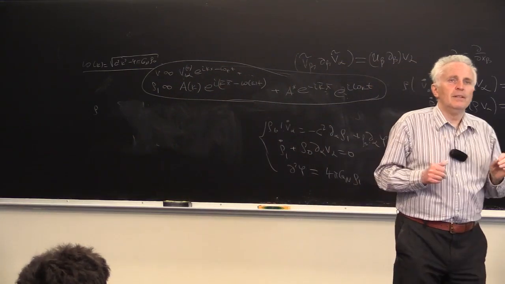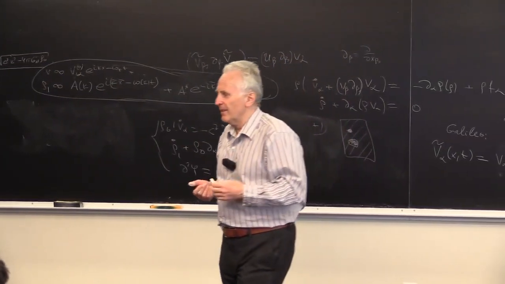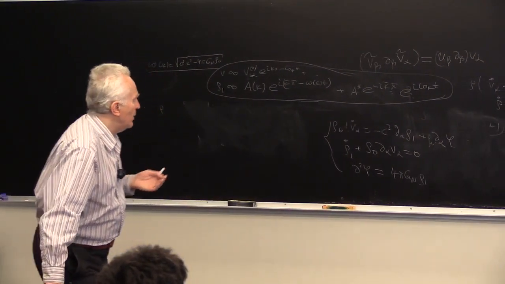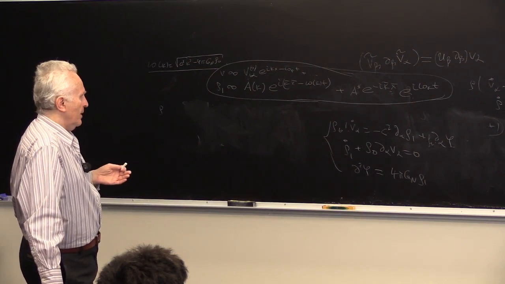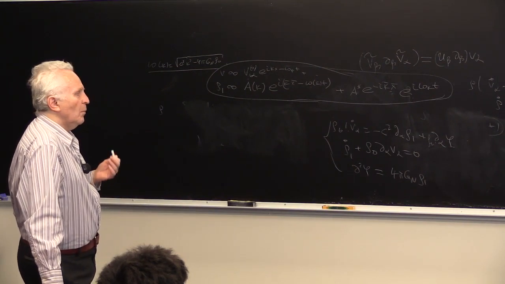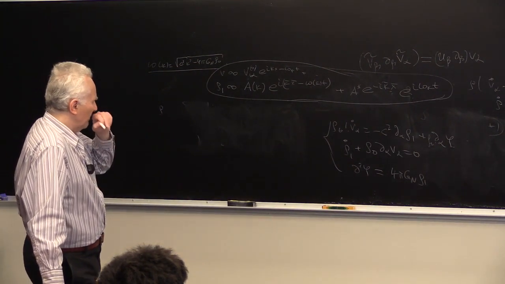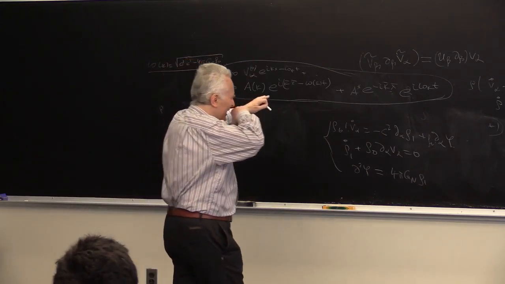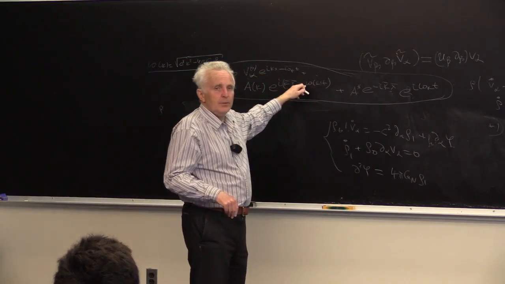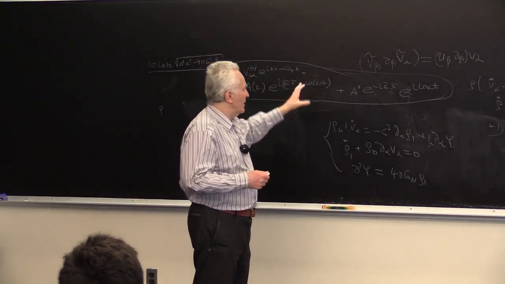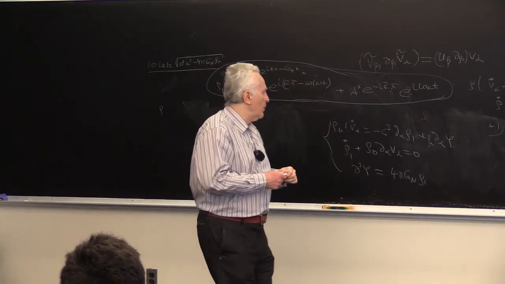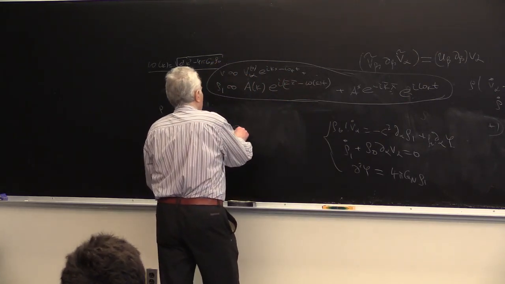I want to hear a symmetry explanation. Both facts are related to symmetry. Which symmetry? Let's start with the exponential. That's something which we discussed. So why do we look for the exponential solution?